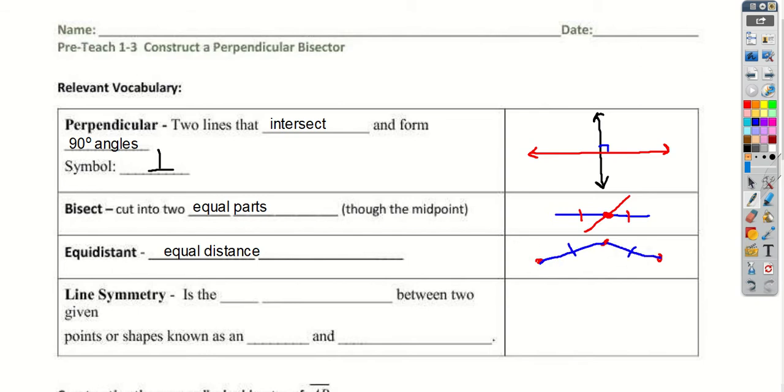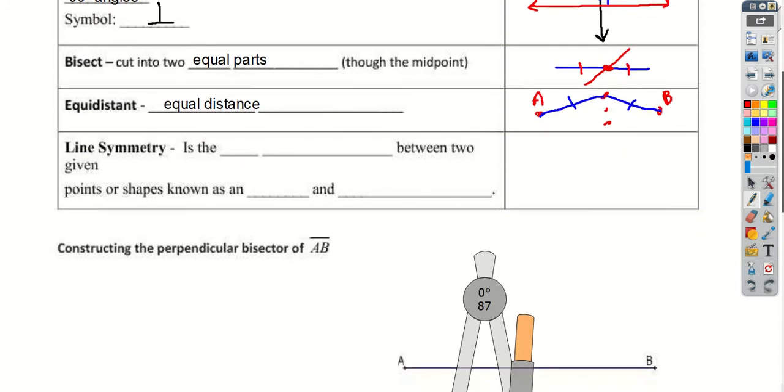The point doesn't necessarily have to be there. It could be directly in the middle, or it could be below. But as long as those two lines that connect from each of these two given points, let's call them A and B, are equal, then they're equidistant.